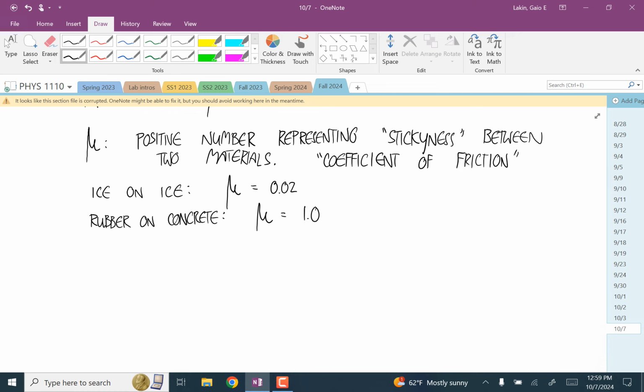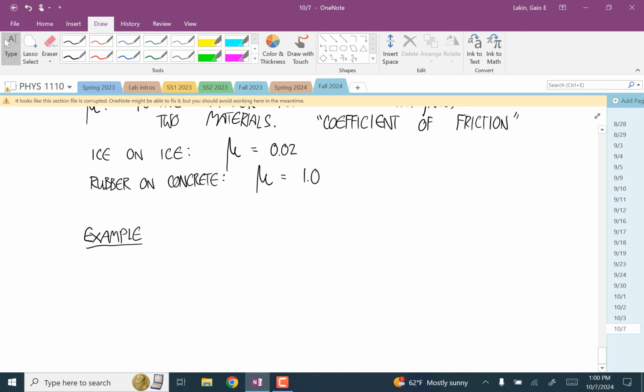Okay, so let me do an example of this one. So let's say that a block is on an incline like this. And let's say there's a 30 Newton force pushing this way. And let's say that the direction of motion at this instant is this way.